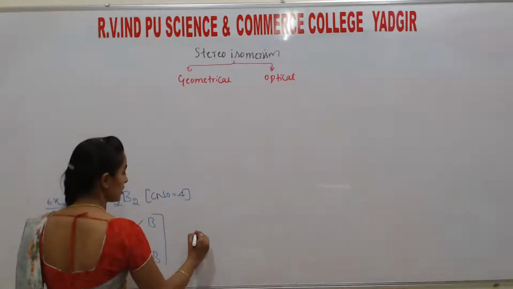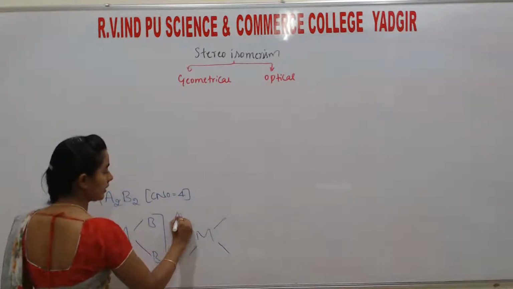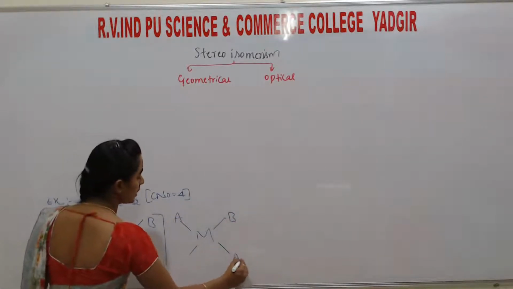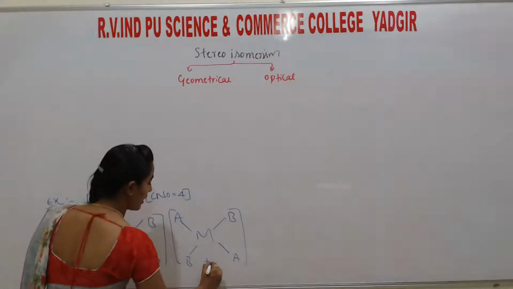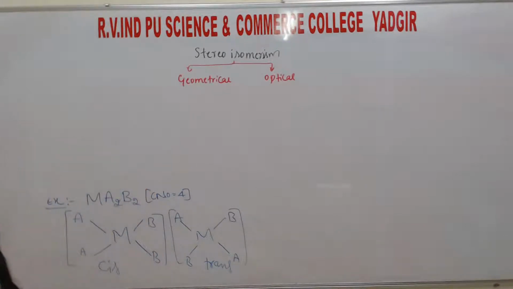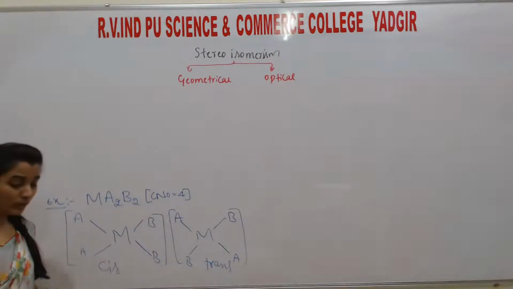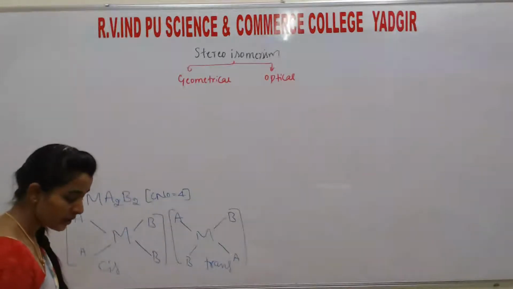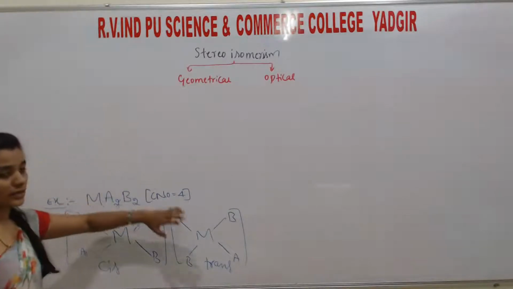Okay, next, if you take again two bonds, here A, B is there, then that represents trans isomer. Remember, this one is cis, this one is trans. By taking this one, students, I will explain what is geometrical isomer, what is cis and trans isomer.